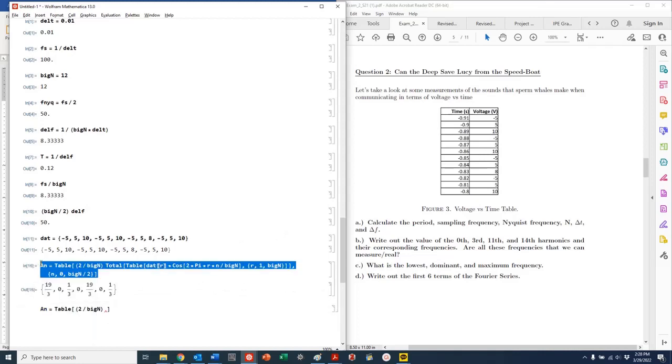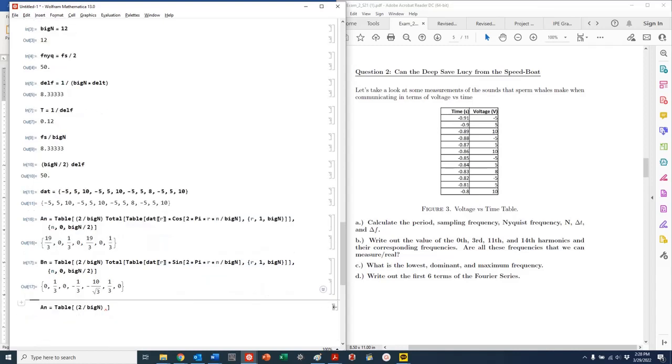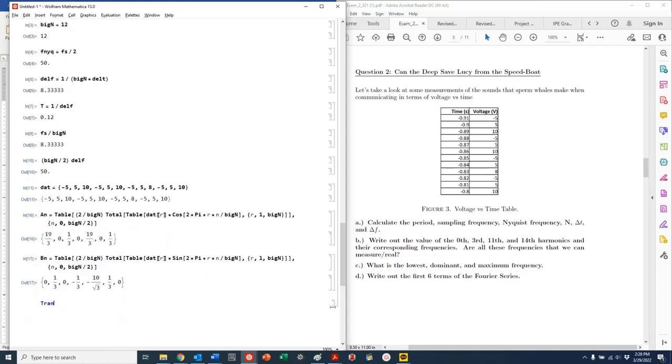My B sub n will be this, just a sine. Now I could do, just like we did previously, a transpose. I want a table of i times del F, where i goes from 1 to big N divided by 2.